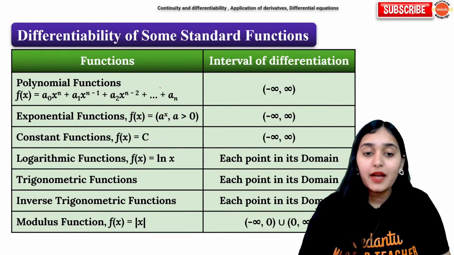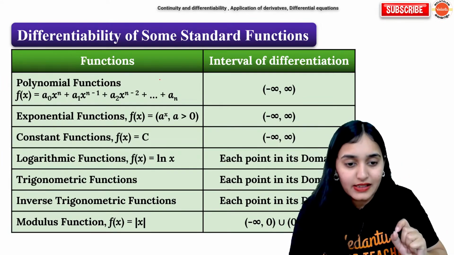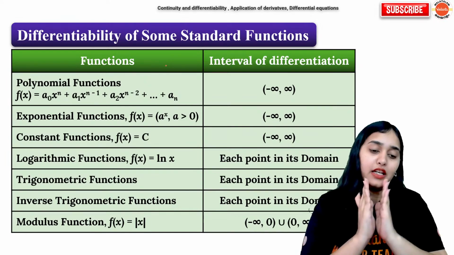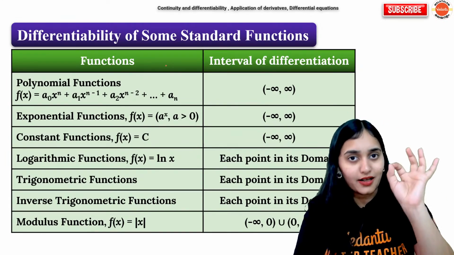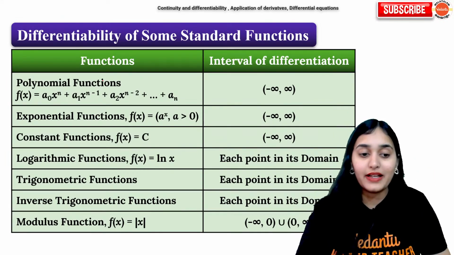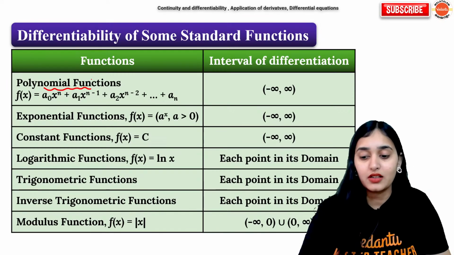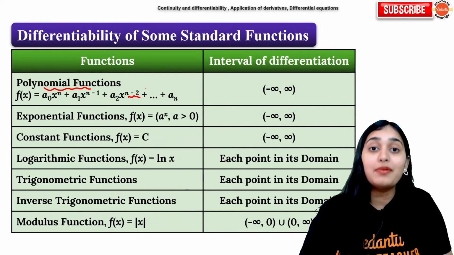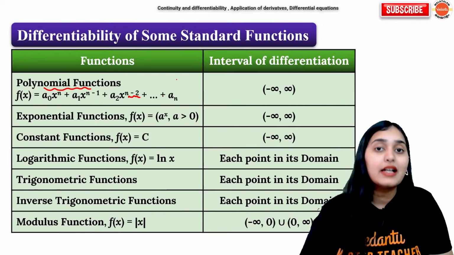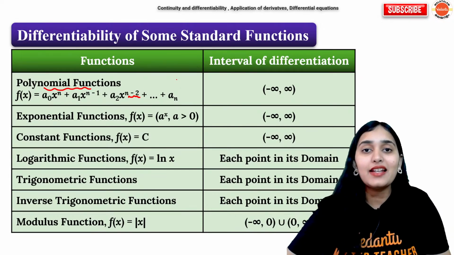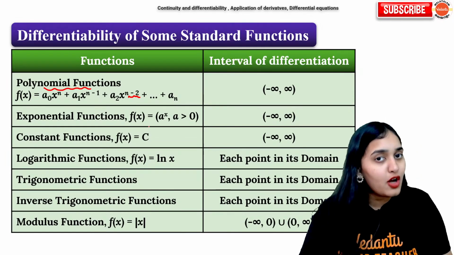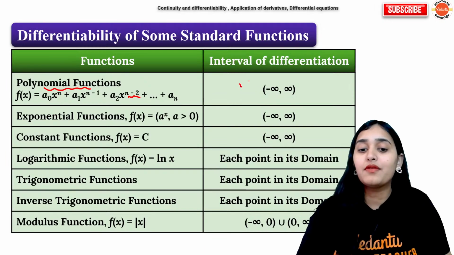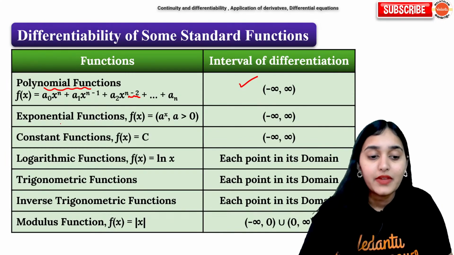Now, talking about some standard functions, you can note down in which particular interval those functions are differentiable. When talking about polynomial functions, what is a polynomial function? If the power of the variable is a whole number, a positive integer or 0, then it is a polynomial function. A polynomial function is always differentiable from minus infinity to infinity.